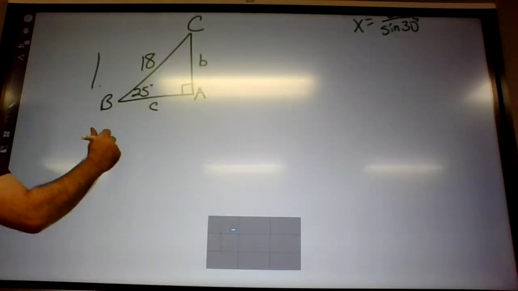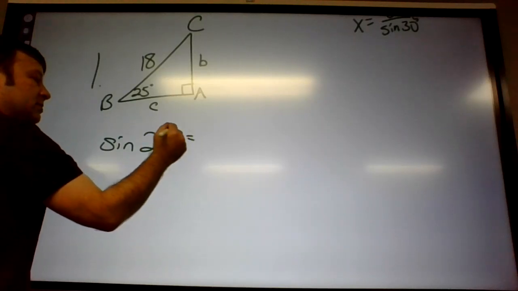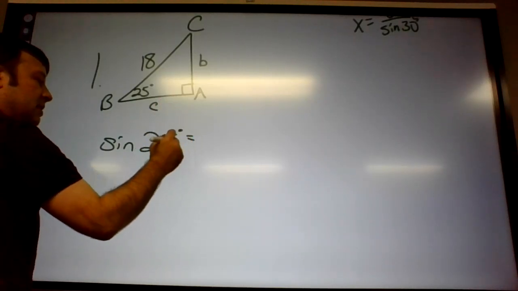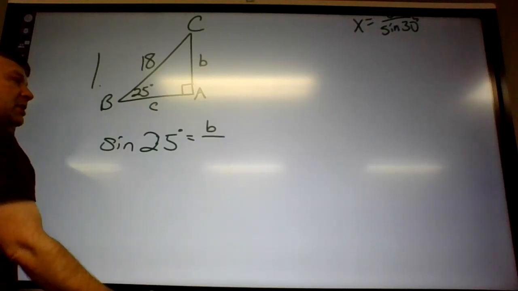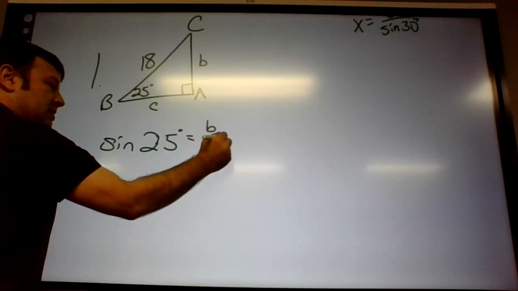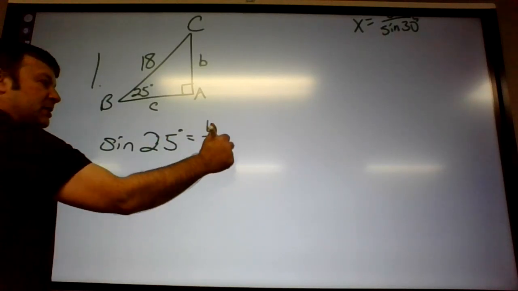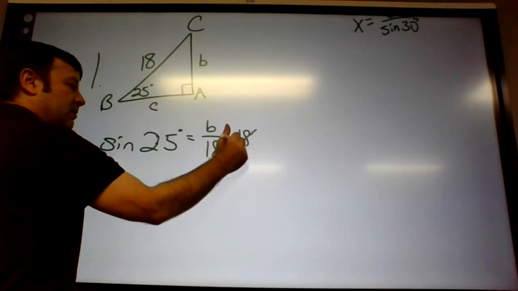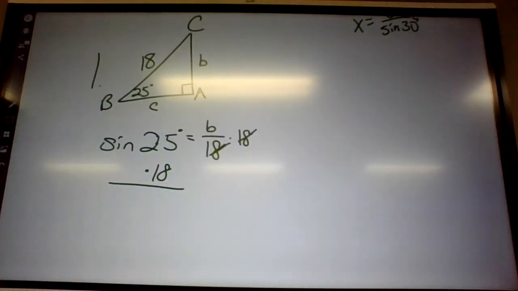So sine of 25 degrees equals opposite B over the hypotenuse 18. And what do we plug in the calculator? To solve for B, since B is being divided by 18, you would multiply by 18. So sine of 25 times 18.